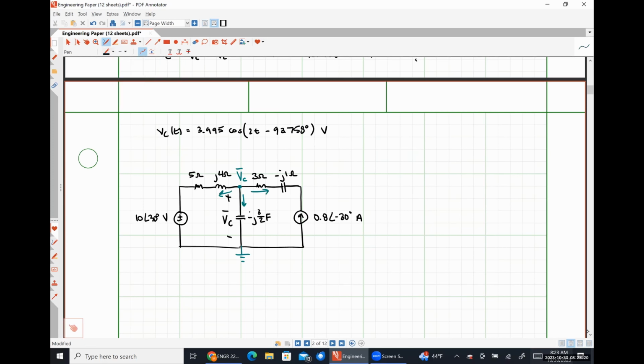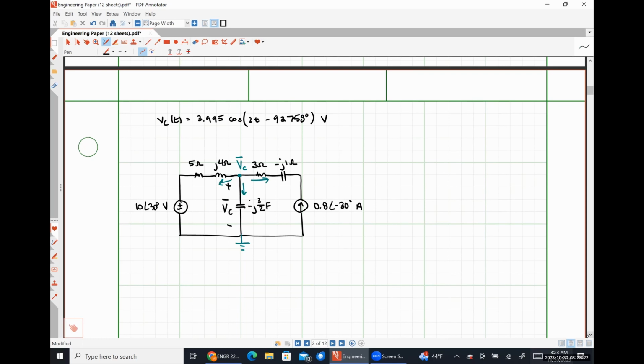Okay. So my current flowing to the left is just VC minus 10 angle 30 degrees volts divided by that total series impedance of 5 plus J4 ohms.